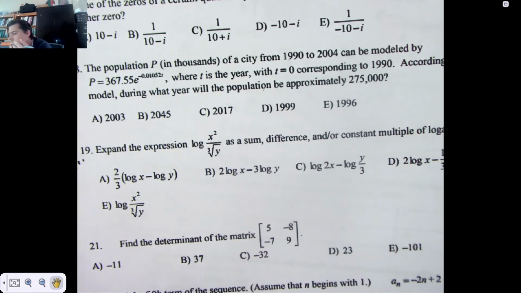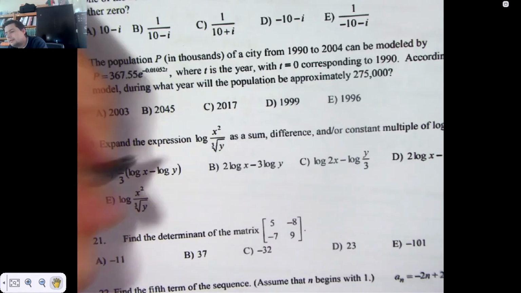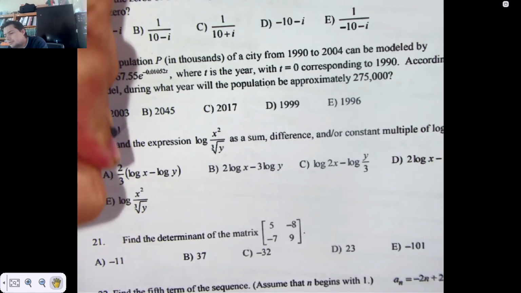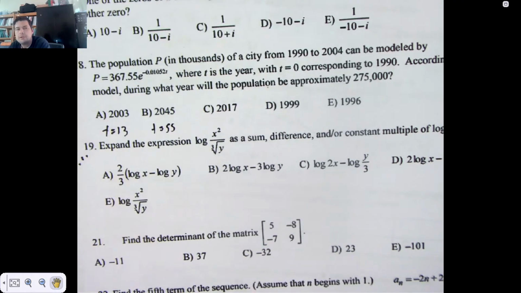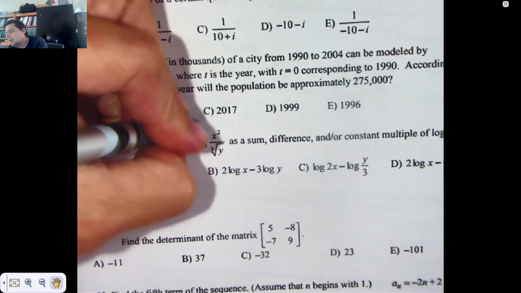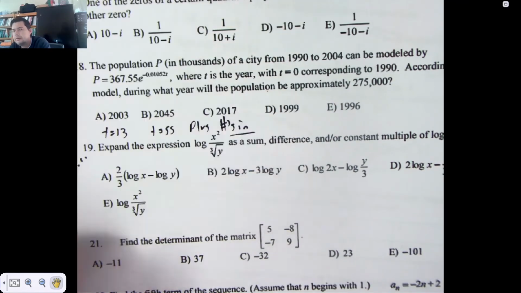But an easy thing to do here would be to realize that if this is 1990, then this is where time is 13. This would be where time is 55 and so forth. Just plug these in. Plug numbers in. You'll get the right answer, I promise you. Pick whichever one's closest, right? It says approximately.